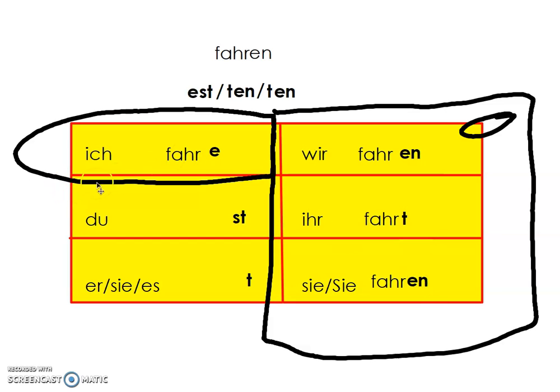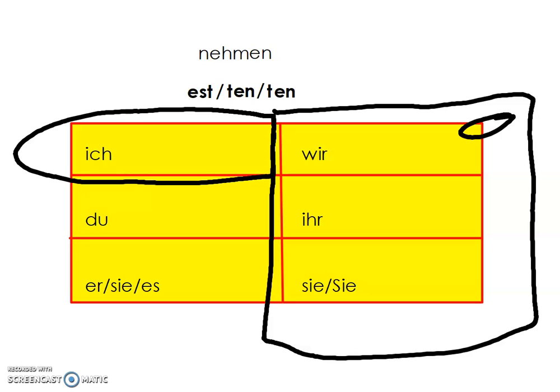So we already have ich fahre, wir fahren, ihr fahrt, sie fahren. But for the du and the sie, es form, something funny happens. Most of the time it's just a vowel change. Some of the time it's something more than just a vowel change. So it's not du fahrst and sie, es fahrt. It's actually, we add umlauts here. So it's du fährst and sie, es fährt.